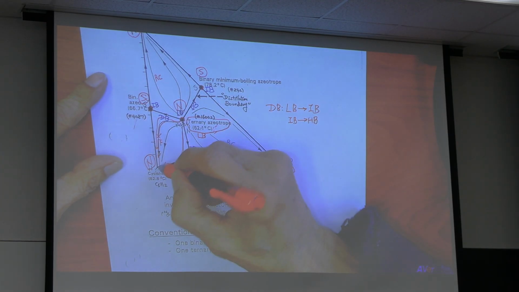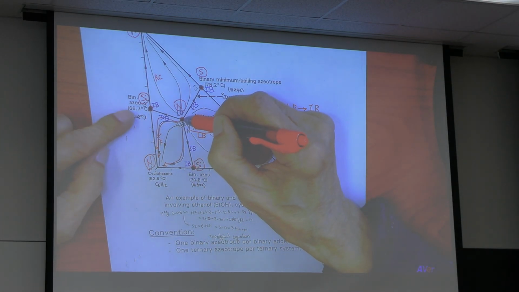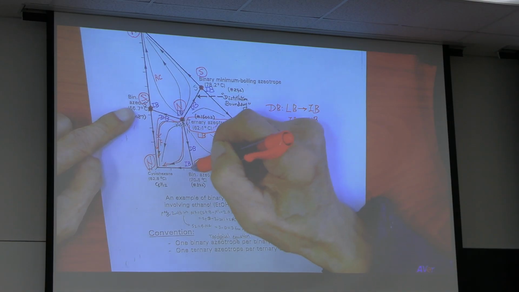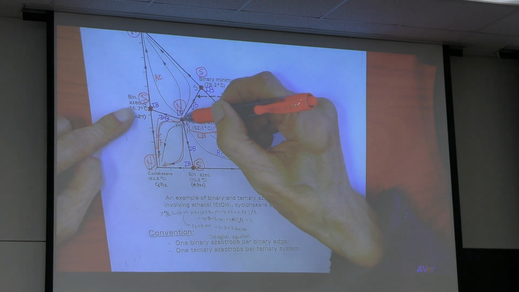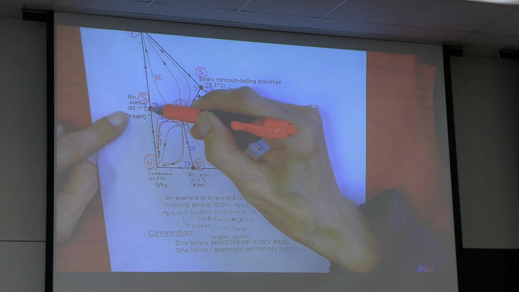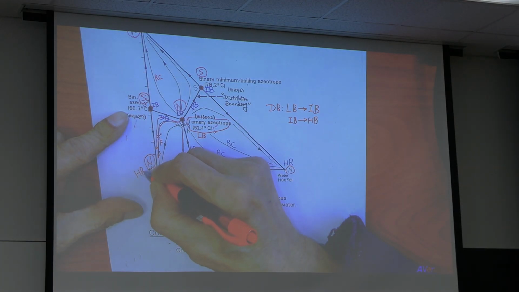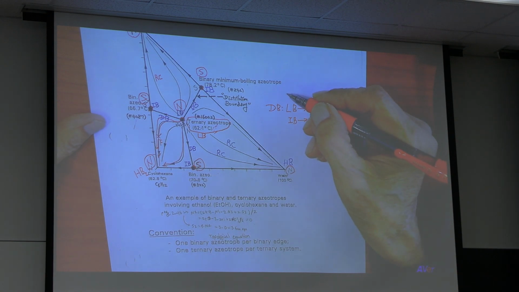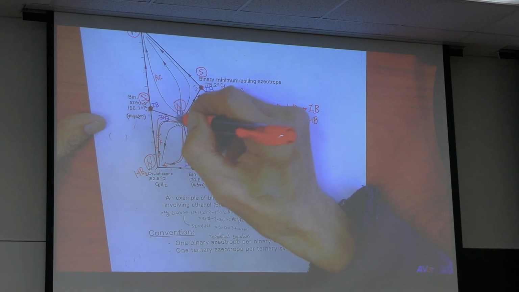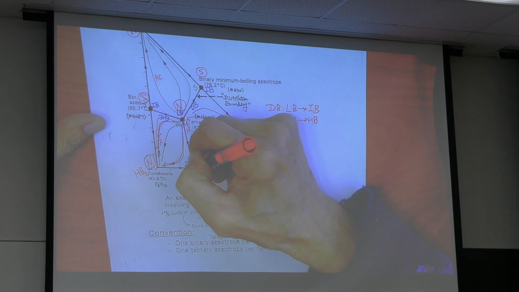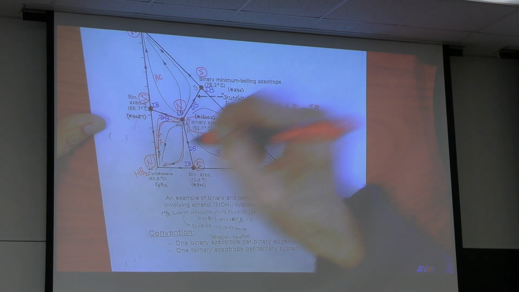So, you look at this, 62.1, 66.7, 70.8, 82.8, LB, IB. You can call this HB in region 2. So, LB to IB, LB to IB. This is also a distillation boundary, DB.